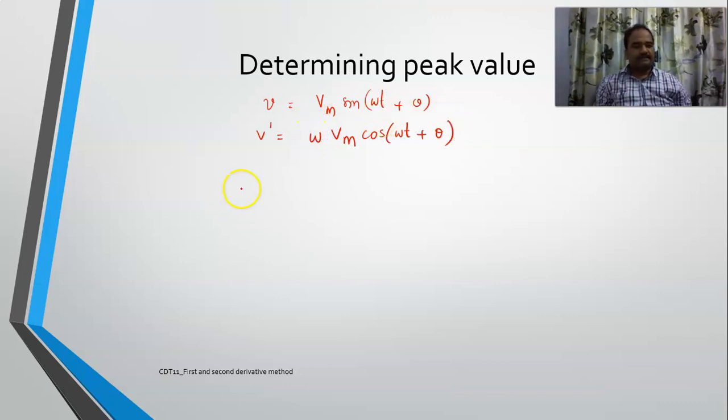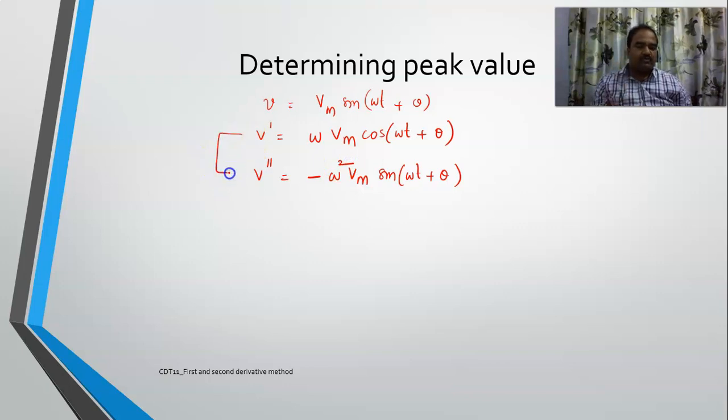If I take the double derivative, I get omega Vm, cos will become minus sine, and again omega becomes an internal derivative, so I get omega square.